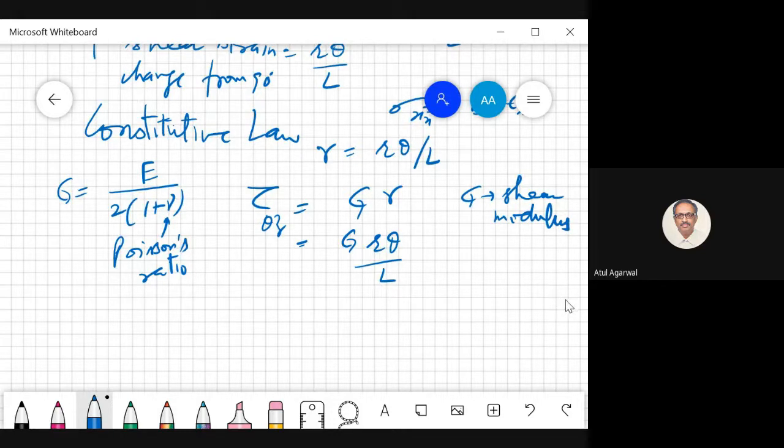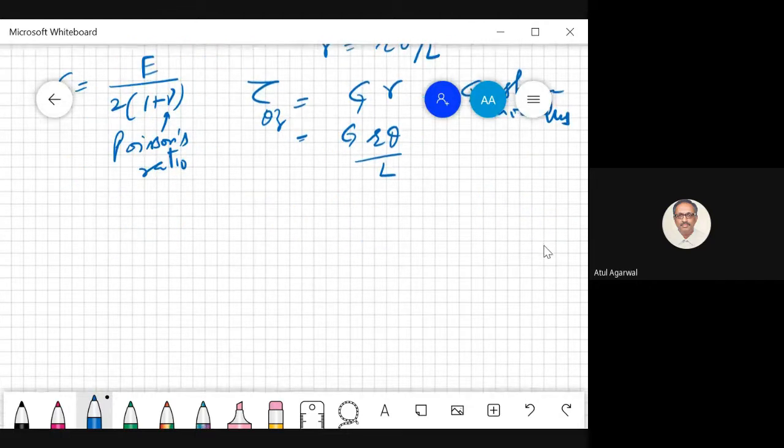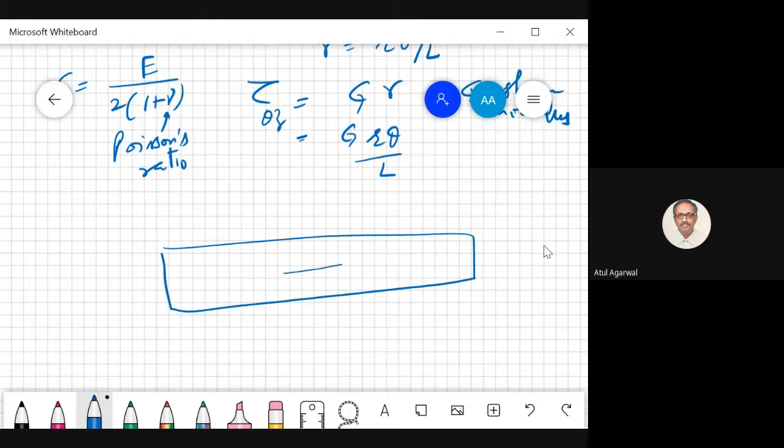Z is the plane, the cross-sectional plane is the Z plane. Just see. This is the cross-sectional plane. The normal vector of this plane is in the Z direction. So you will say the stress on this surface is tau, and here you have to put some theta. Why? Because you will realize that the force is in the theta direction.